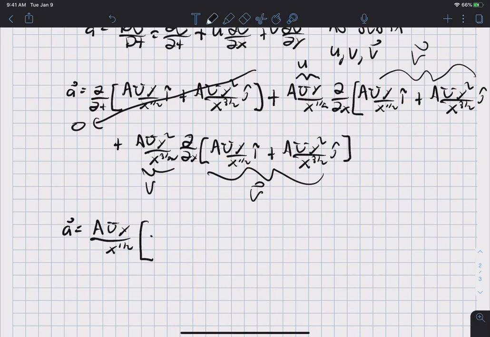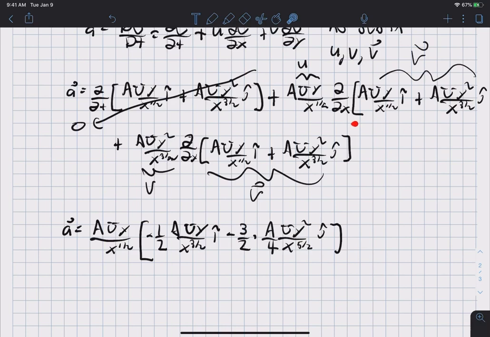And so that is minus 1/2 a u y over x to the 3/2 i hat minus 3/2 times a over 4 u y squared over x to the 5/2 power, j hat. So all I've done was I just took the x derivative of the velocity vector here. Okay, that is all I did. And now we have to add this term over here.